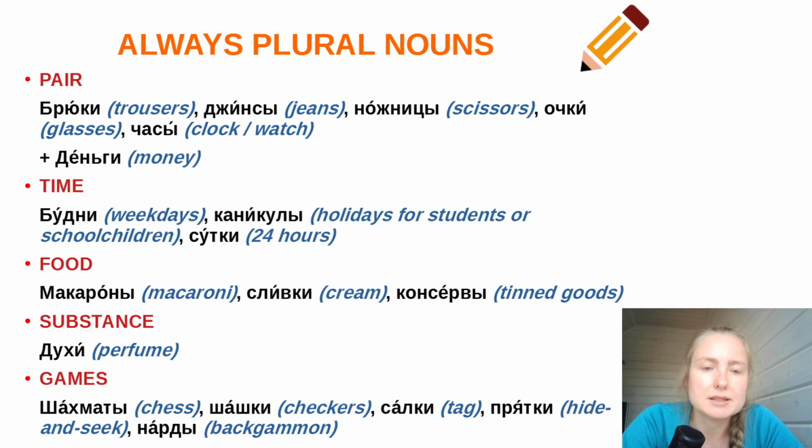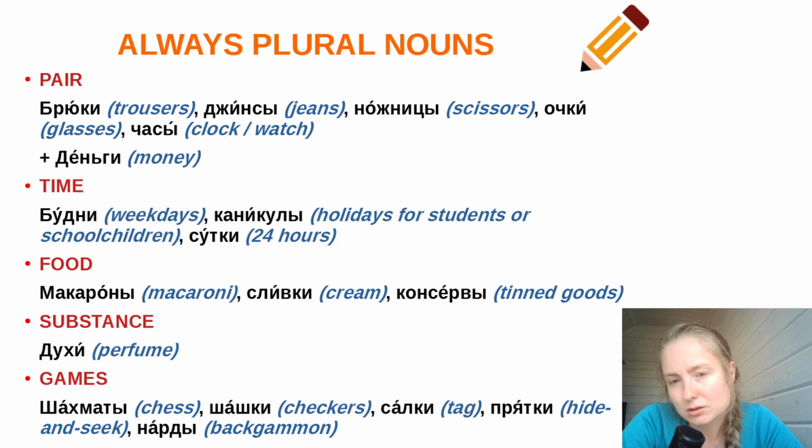Also plural is a substance like духи, and some games like шахматы, шашки, салки, прятки, нарды. So you see all those words have the ending ы or и. That's why they are plural.